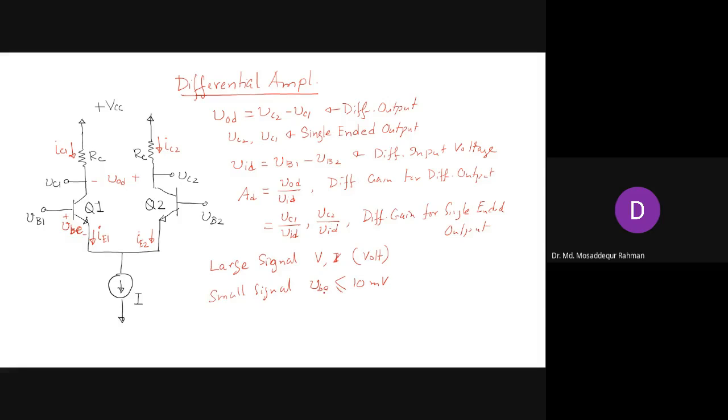So that is a small signal. So in this case, the input is VID. VID is the difference between these two. So in this case, VID, which is about 2 VBE, because from this point to this point, right? And that should be less than or equal to 20 millivolt. So then we can call it a small signal voltage.